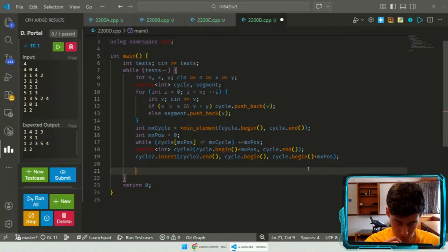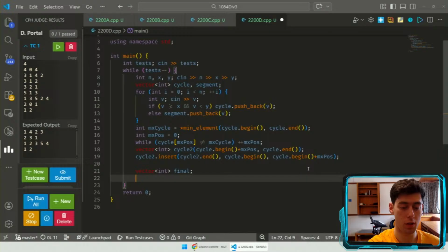And then since I want it directly minimal, I just need to have the final permutation.